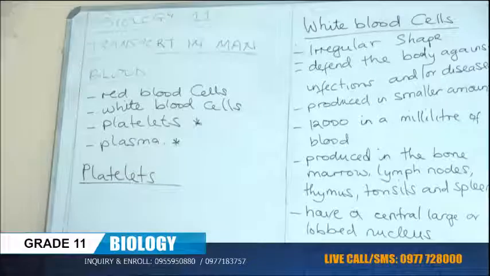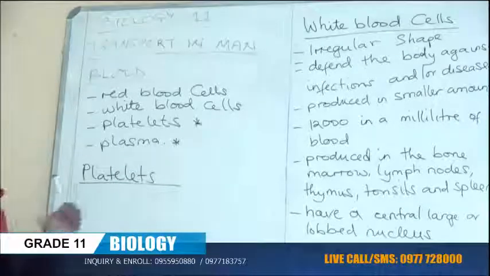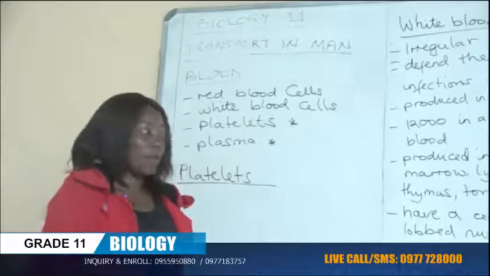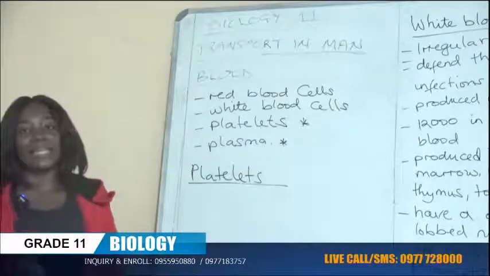Okay, so these are fragments formed from the manufacturing of red blood cells. So when the formation of red blood cells is happening, which I said happens in the bone marrow, the fragments that remain from that formation are called platelets.